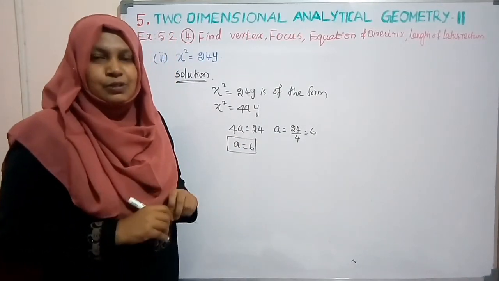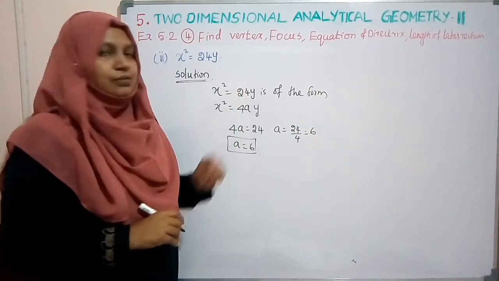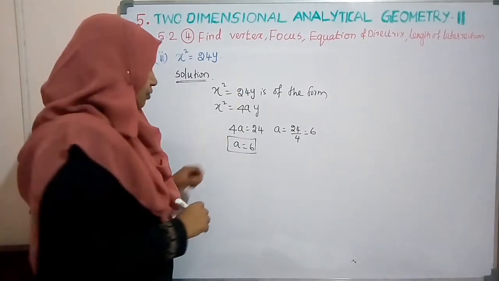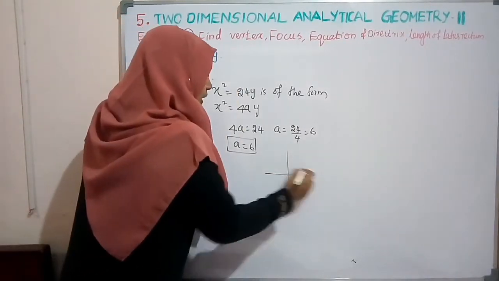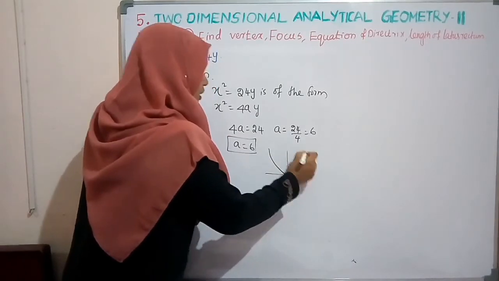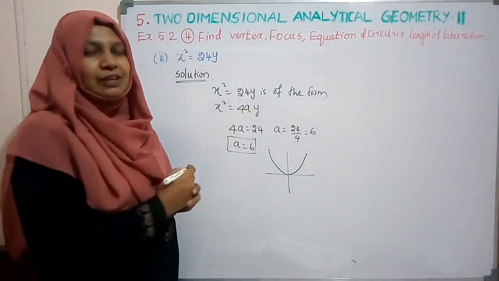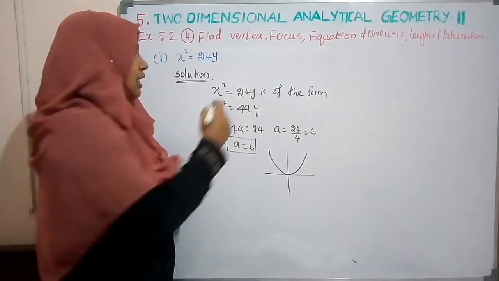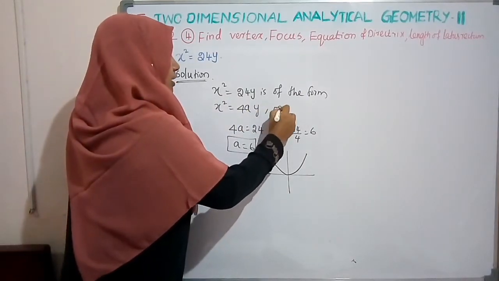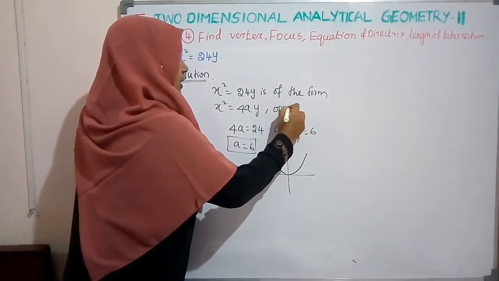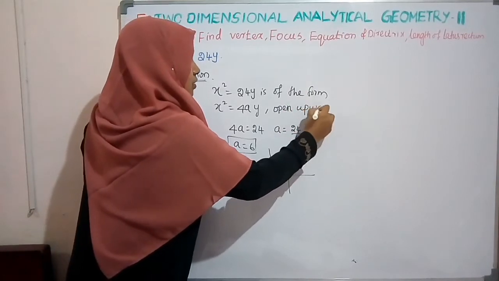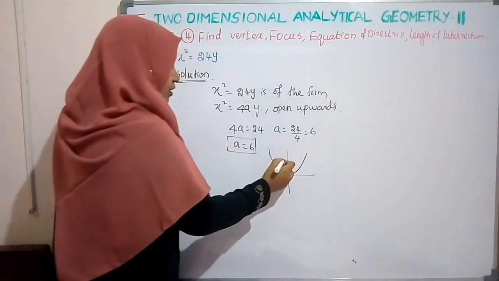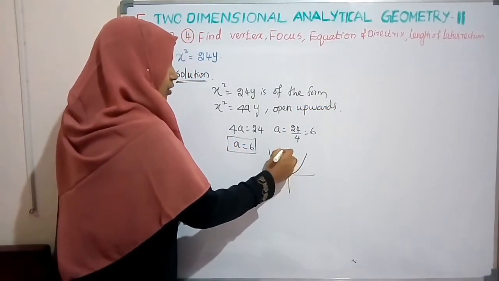Okay. So now using this a value, we can write vertex, focus. So if x square is equal to 4ay, already you know the parabola is open upwards. That also you can write here. Open upwards. Okay. Then the focus will be on the y-axis.